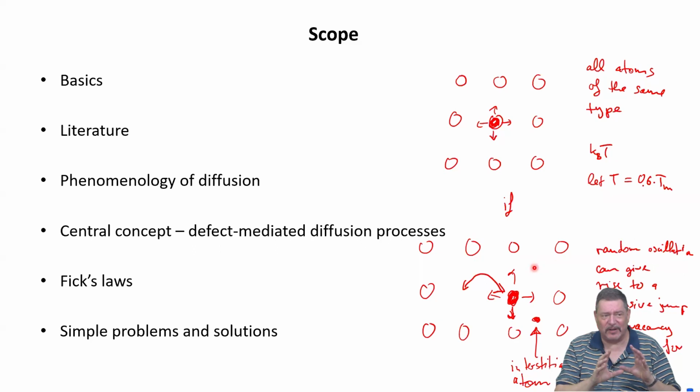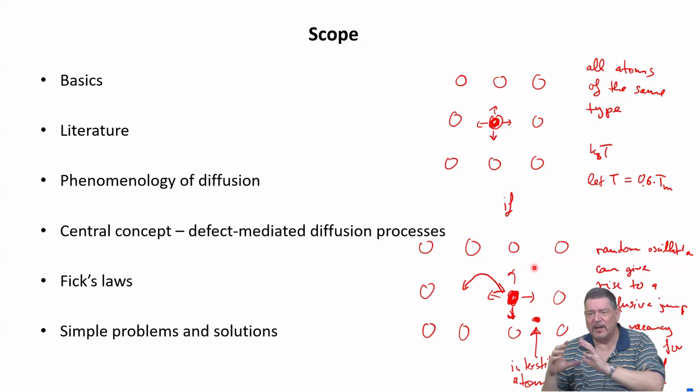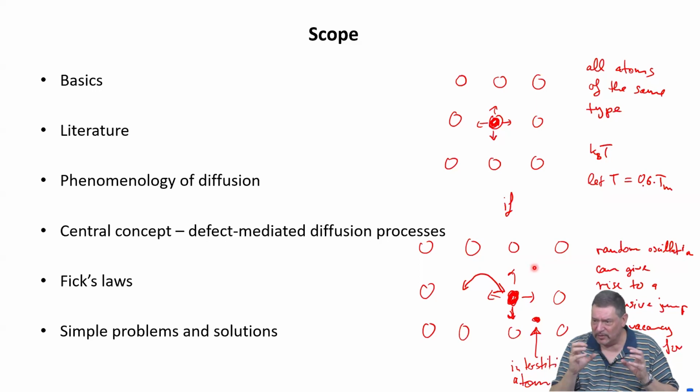It depends on whether it's interstitial diffusion or substitutional diffusion, but also whether we think of self-diffusion, gold in gold, or chemical diffusion, iron in gold, or whether we think about tracer diffusion. And this is what will be the main topic here.